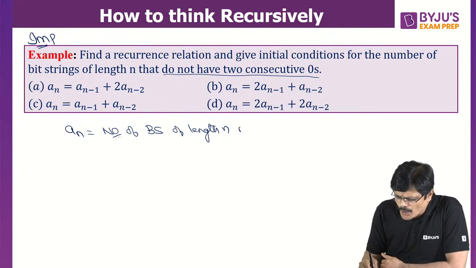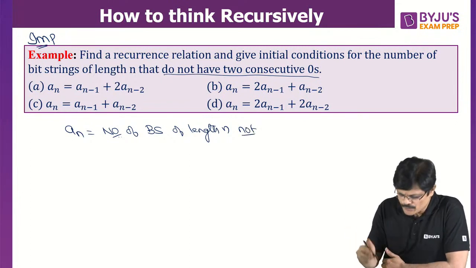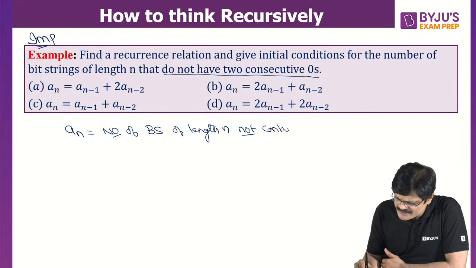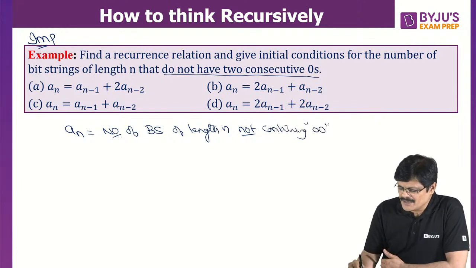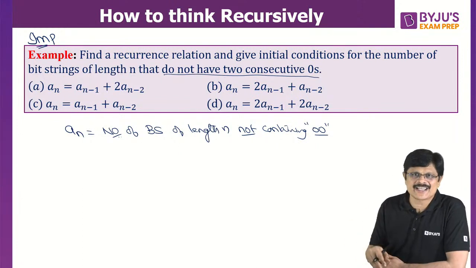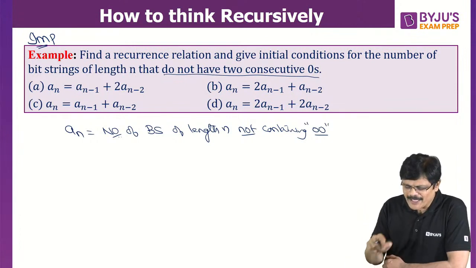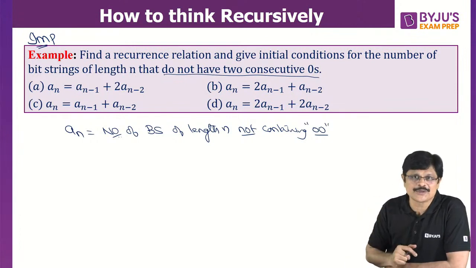So, not containing the pattern 0 0. I am rewriting it because writing such a big statement will become difficult. You can also write the pattern, or write it like this if it helps understanding. Because this is for our understanding, not for anyone else. Am I clear? Not containing 0 0. Number of binary strings of length n not containing 0 0.